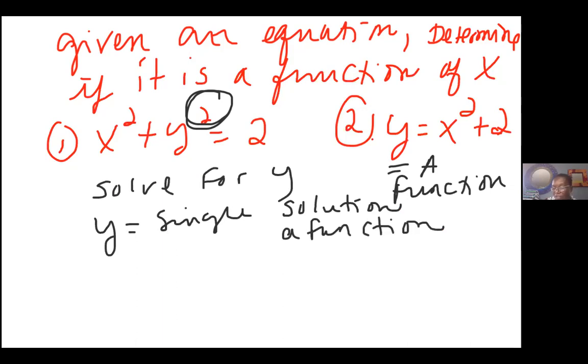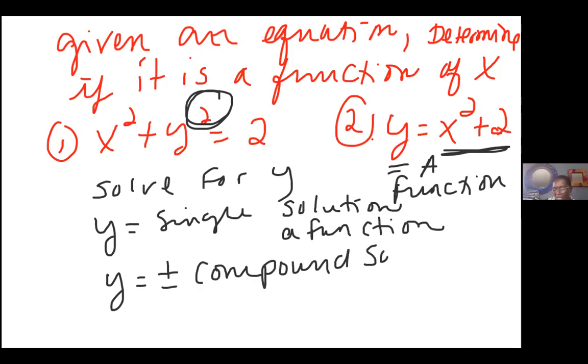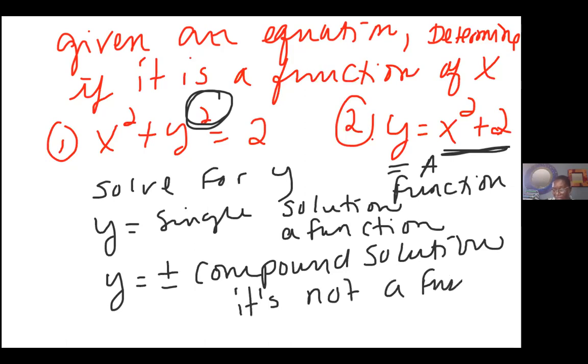You have one solution, as in y is equal to x squared plus 2. That's it. Now, guys, if you go to the first one, you solve for y, you're going to get a compound solution, as in plus or minus. And because you're going to end up with a compound solution, then it's not a function. Number 1 is not a function.